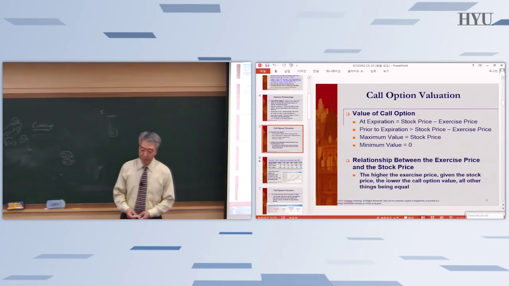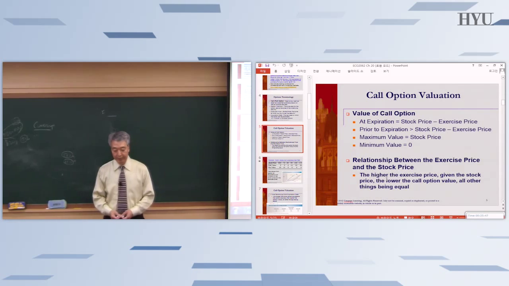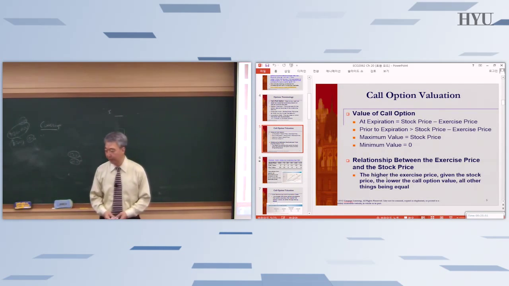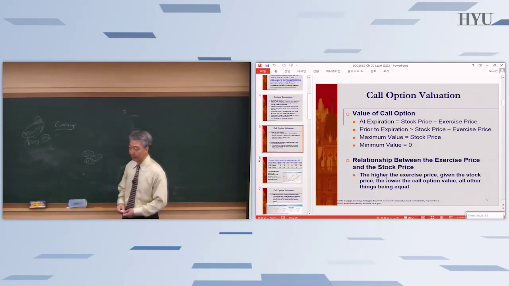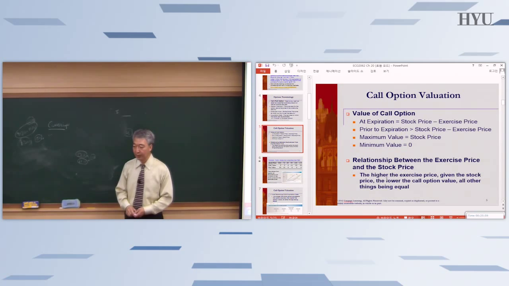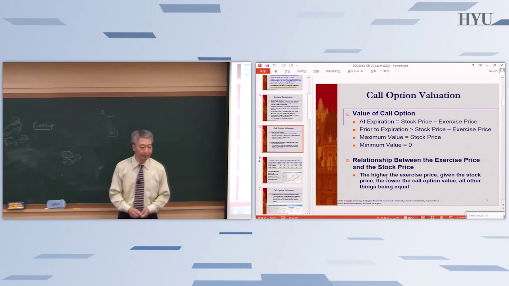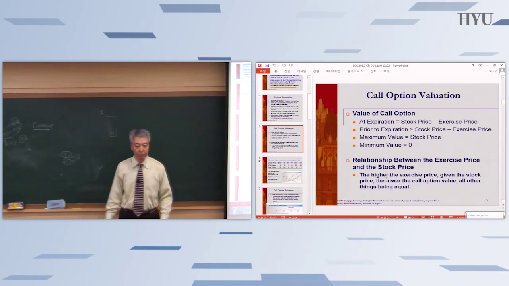What about before the expiration date, prior to expiration, right? Then the value of a call option tends to be a little bit higher than this difference, the difference of $10. Okay? Why is it a little more valuable than $10? Let's say you have 1 month to go.